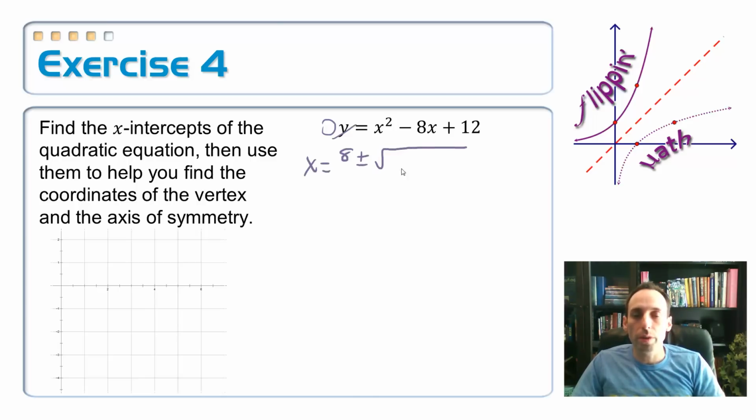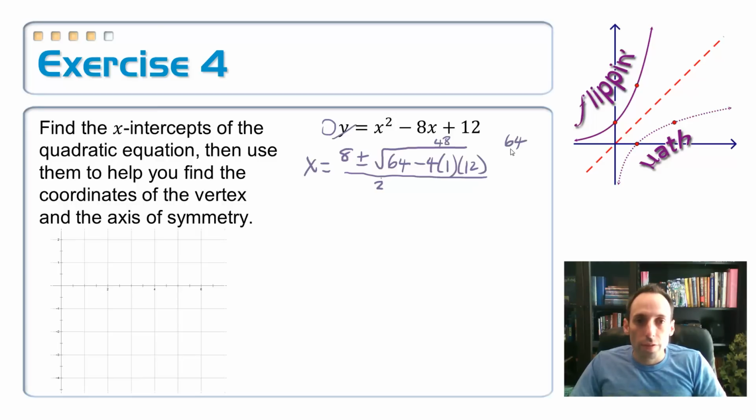So x is going to be equal to negative b, so this is 8, plus or minus the square root of b squared, so negative 8 squared, 64, minus 4 times a, which is 1, times c, which is 12, all over 2 times a, so just 2. Inside the square root, we got 64 minus 4 times 1 times 12, which is 48.